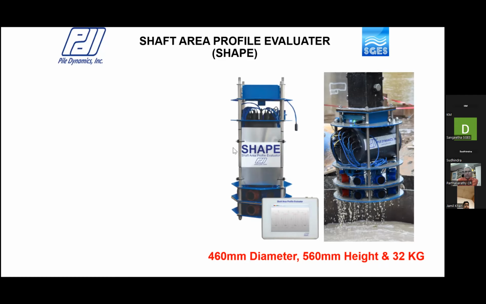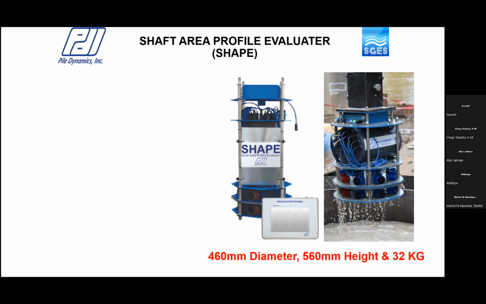So this SHAPE has 8 ultrasonic sensors embedded radially. When you apply the voltage, the piezoelectric element changes its geometry and releases pressure waves, and it hits the pile boundary wall. There are 2 sensors inside, embedded at a known distance, which calibrate the wave speed.